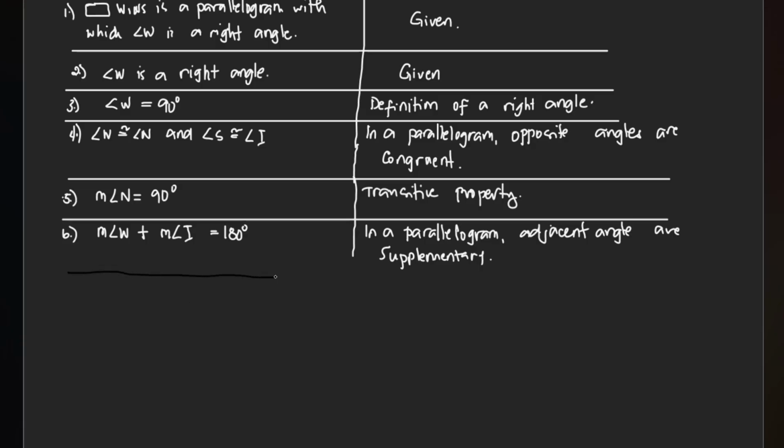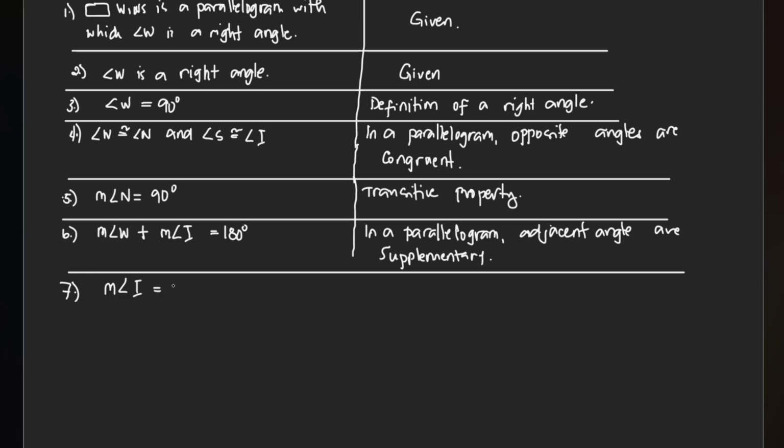So in this case, pwede tayo maka-create ng statement, yung 7th statement natin, wherein si measure of angle I is equal to 90 degree. And that is the definition of subtraction property.